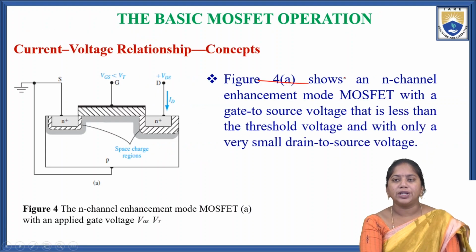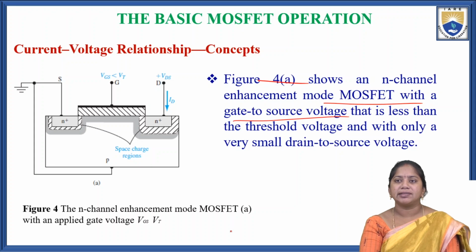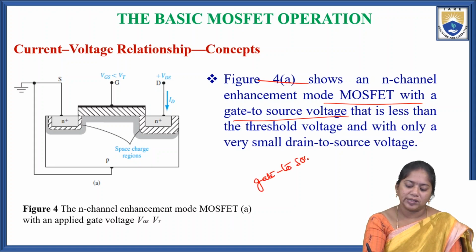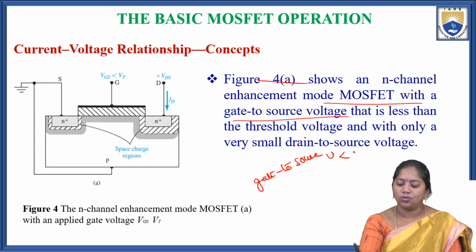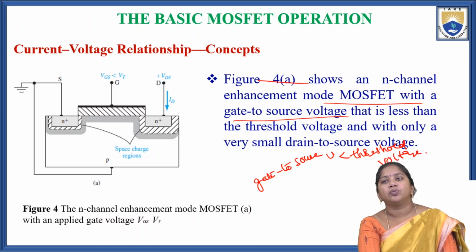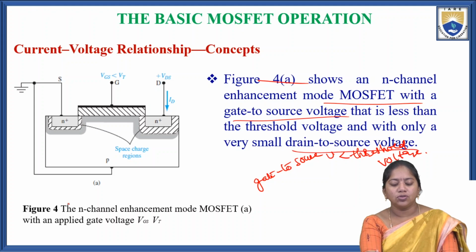Figure 4a shows the n-channel enhancement mode MOSFET with a gate to source voltage that is less than the threshold voltage, and with only a very small drain to source voltage.